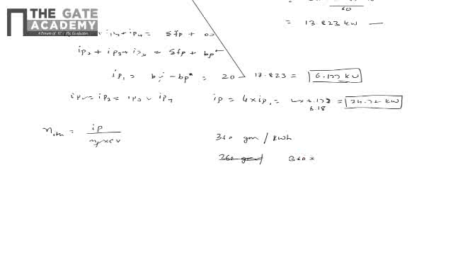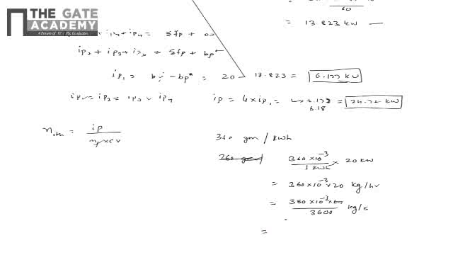So 360 into 10 power minus 3 kg, multiplied by the brake power of 20 kilowatt, gives kg per hour. I need kg per second, so I divide by 3600, which comes out to be 2 into 10 power minus 3 kg per second, the mass of the fuel consumed.